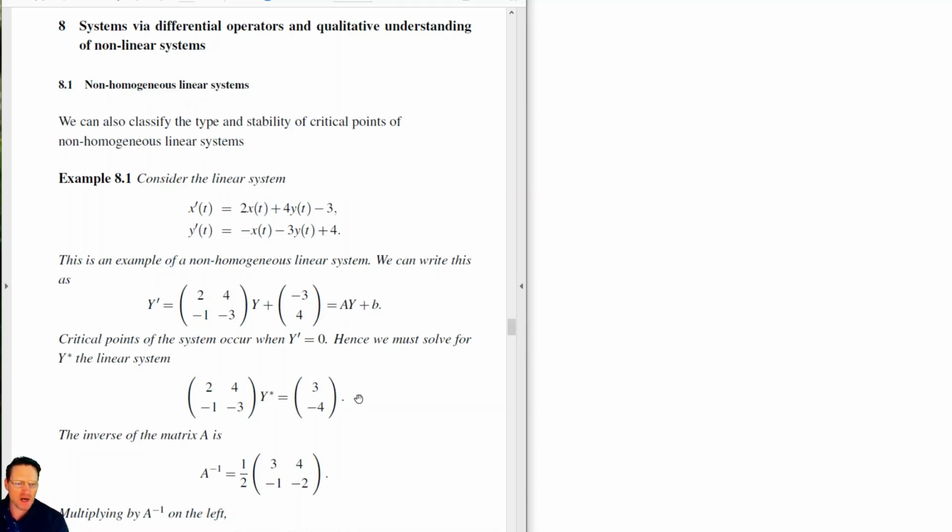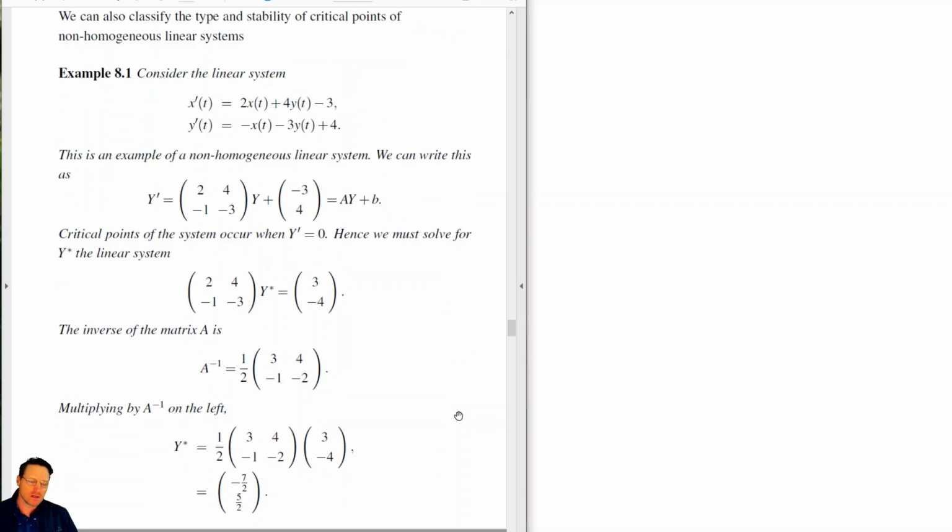Okay, so that is equal to minus b, which is 3, minus 4. So we can solve this by taking the inverse of that matrix. It's pretty easy. And then multiplying by the inverse of that matrix A. We do so on the left, so that clears the A on the left, and we just have y star. So y star is a half, 3, 4, minus 1, minus 2 times 3, minus 4. And we multiply that out, and we get minus 7 over 2, and then 5 over 2. Okay, so that is our critical point.